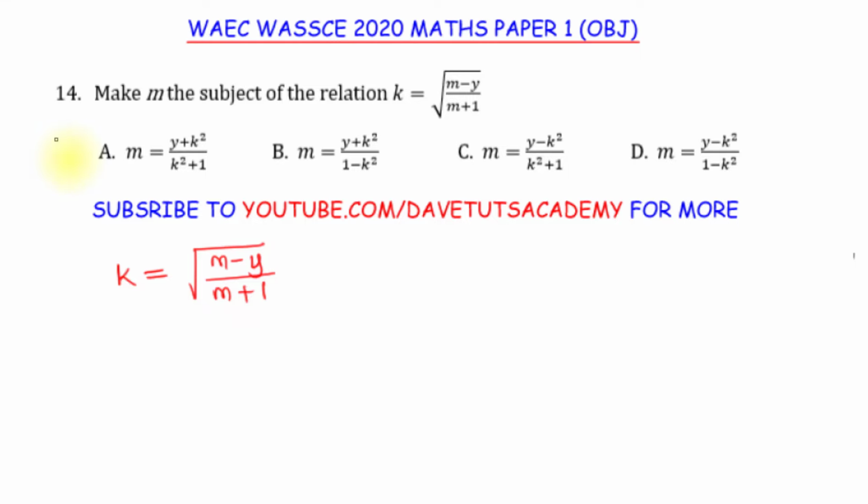So if we are squaring both sides, we are bringing power of 2 to k, we are also bringing the power of 2 to the right hand side. So these two will cancel out this square root, such that we are going to have k square is equal to m minus y over m plus 1.